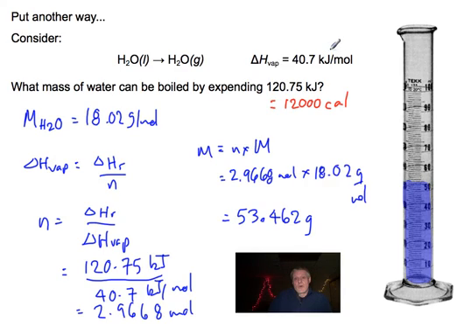So that's another 10 times that amount just to boil 53 milliliters of water. That demonstrates the strength of those hydrogen bonds, the intermolecular force between water molecules. That's a pretty strong force if it requires that much energy to vaporize that sample of water. And that concludes this video.